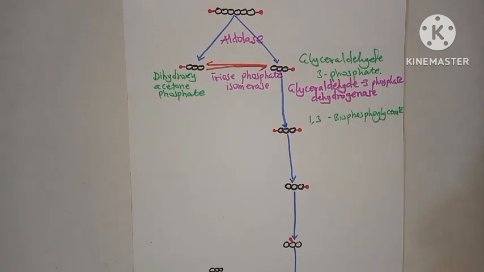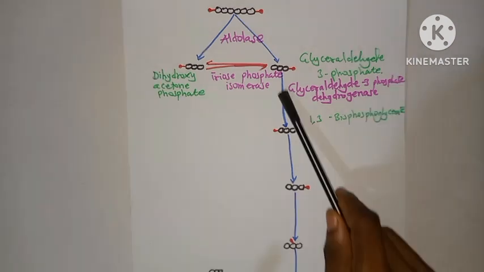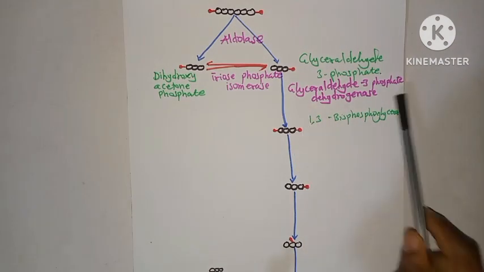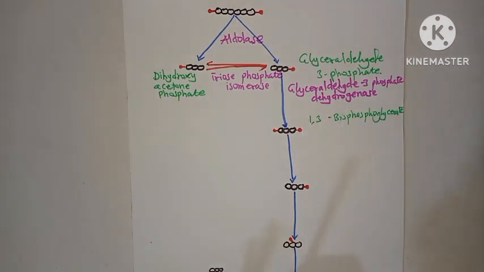And in this process, NAD plus reacts with glyceraldehyde 3-phosphate in the presence of this enzyme, glyceraldehyde 3-phosphate dehydrogenase, and it rips off the hydride and then converts it to NADH. So in this reaction, there is conversion of NAD plus to NADH.